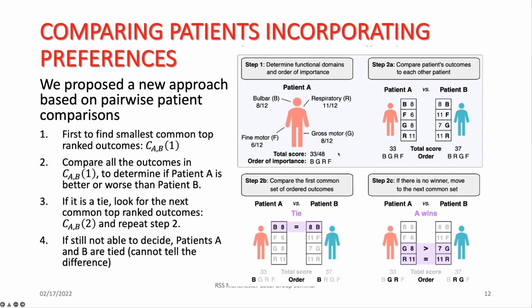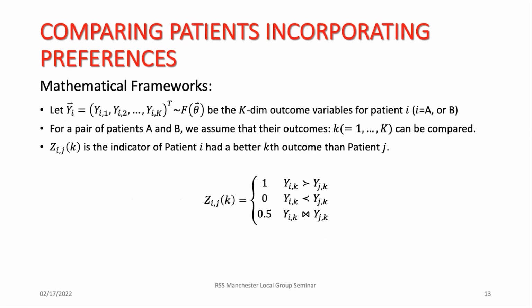The largest common set is all the dimensional variables. And if you still cannot break the tie, then you basically say they are tied. So this is the very simple idea we propose here.